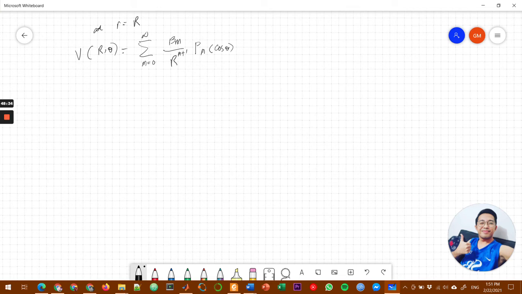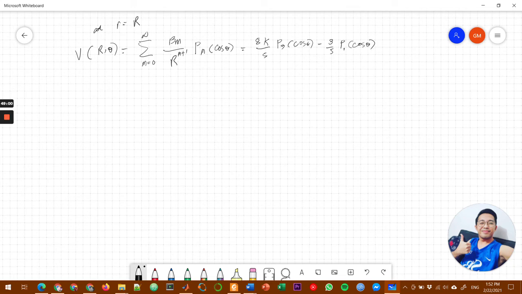This is equal to katong na-solve naman nato ganina, automatic nato gamiton katong sa inside dito, 8k over 5 p3 cosine theta minus 3 over 5 p1 of cosine theta.